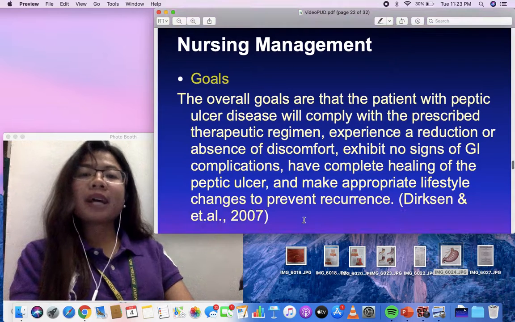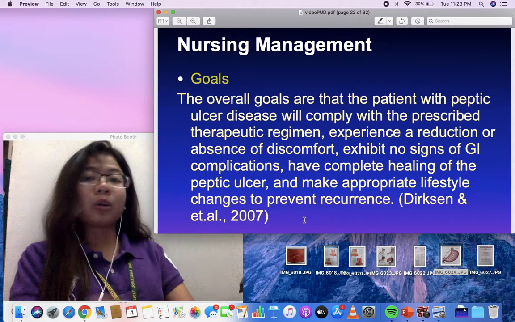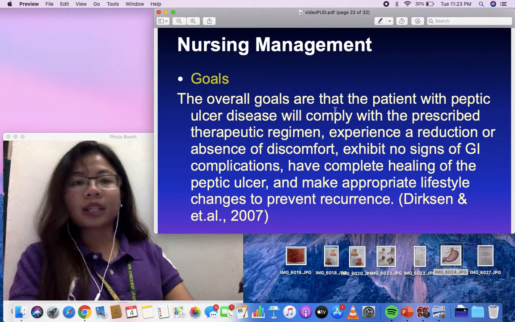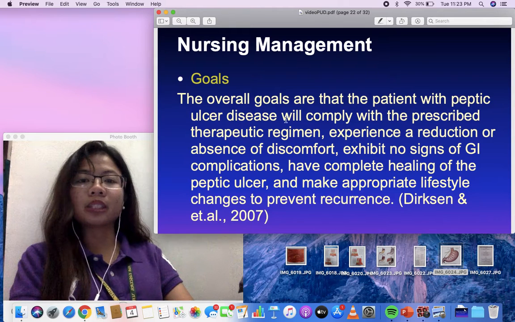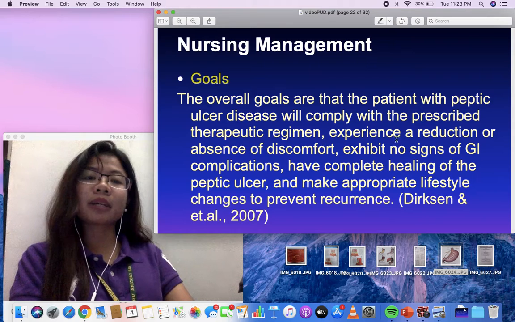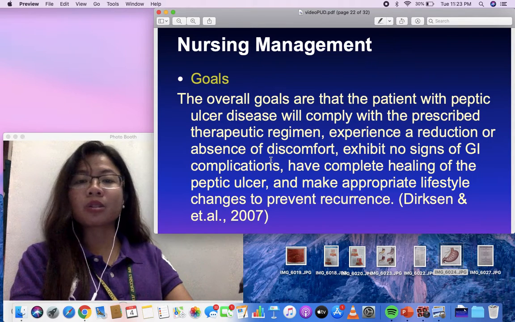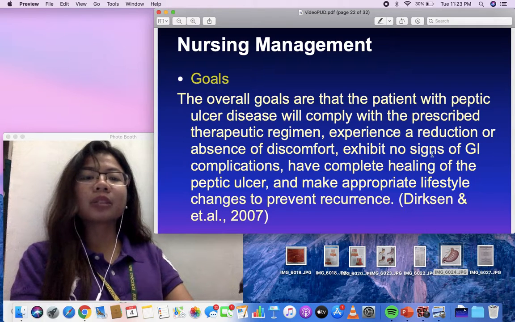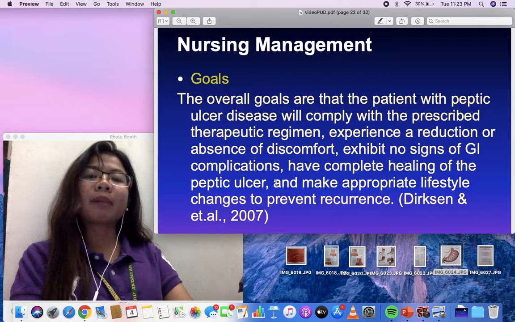So for the nursing management, the overall goals are that the patient with peptic ulcer disease will comply with the prescribed therapeutic regimen, experience a reduction or absence of discomfort, exhibit no signs of GI complications, have complete healing of the peptic ulcer, and make appropriate lifestyle changes to prevent recurrence.